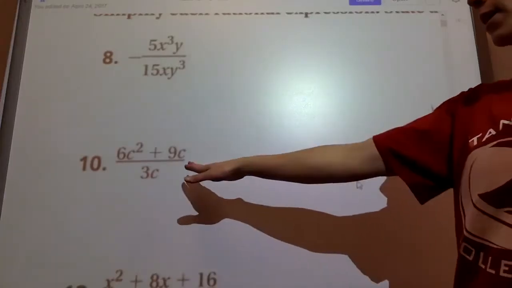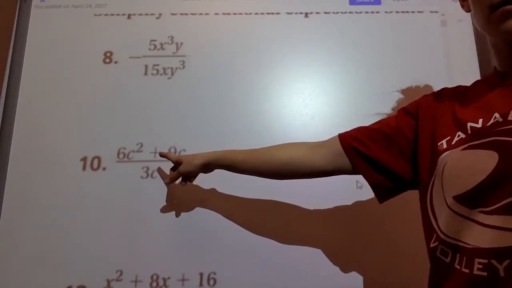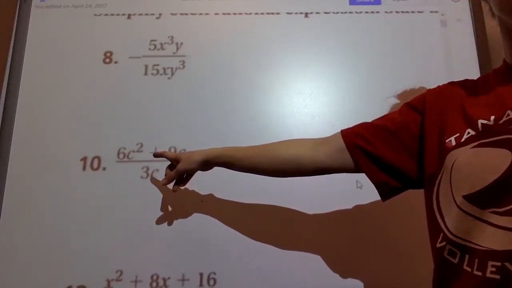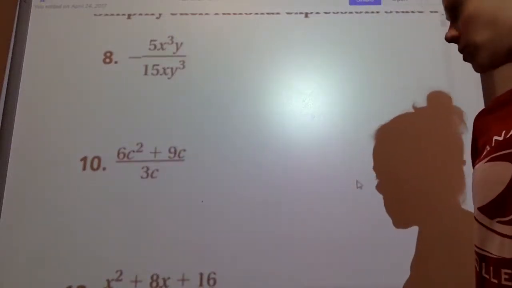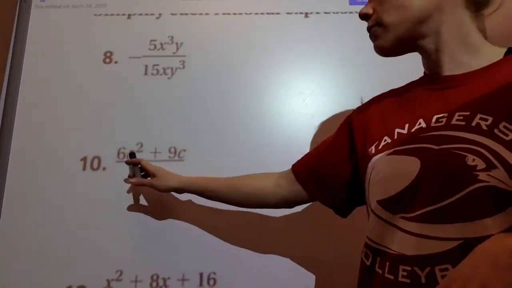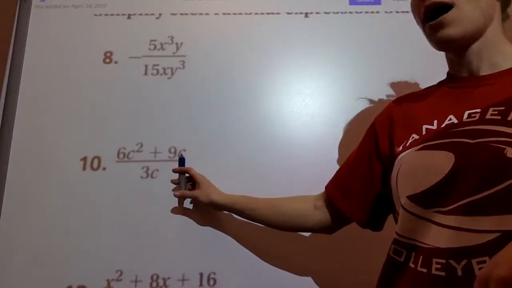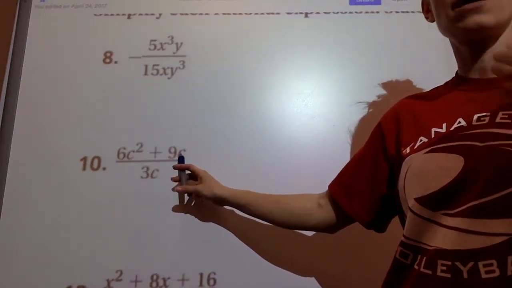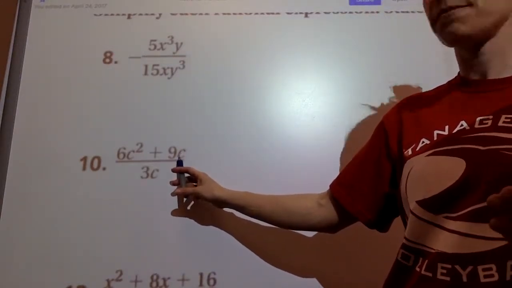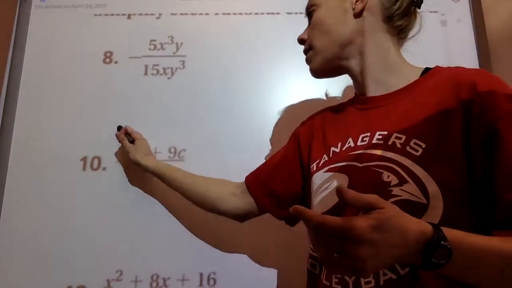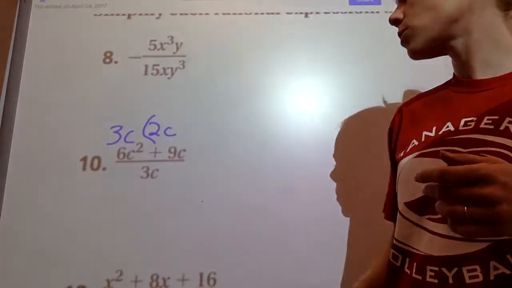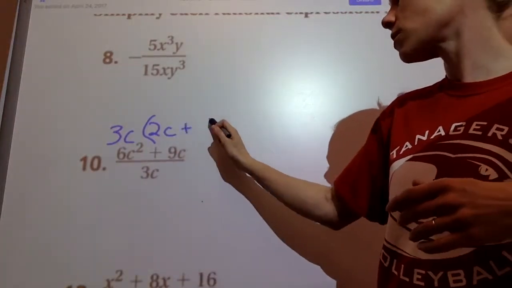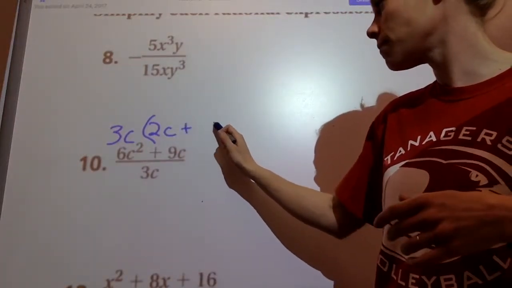Look at the one below it here. This one has adding and subtracting. That means it's a polynomial, not just one term. This would be a binomial. So this is where you have to start factoring, and whenever I have two terms like this, I look at both terms and I think, okay, what can I factor out of both terms? A 3 and a c. So what's left in the first term, 2c. What's left in the second term, just a 3.